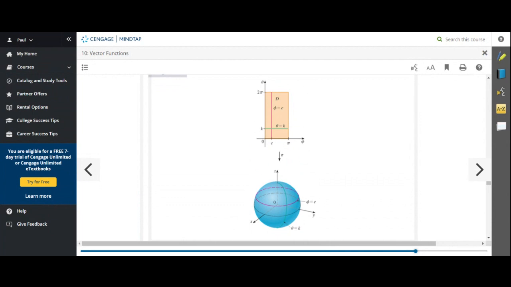The red grid curve forms a complete horizontal circle, and that makes sense because theta can go from 0 to 2 pi in spherical coordinates. But the blue curve corresponding to theta equals k, does it go all the way around the sphere?